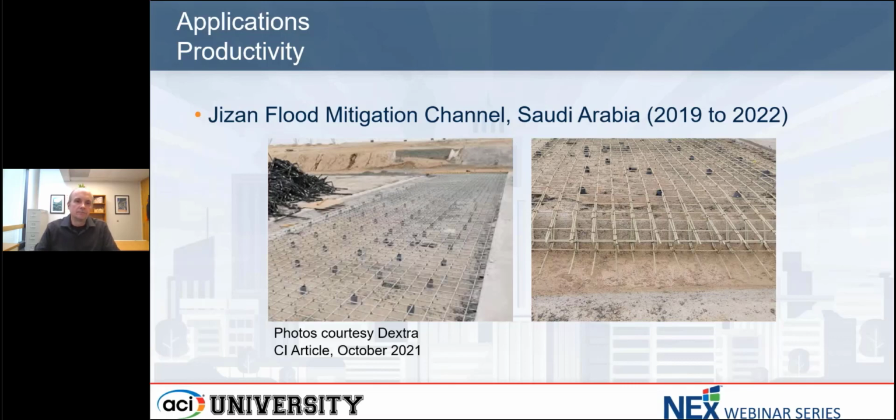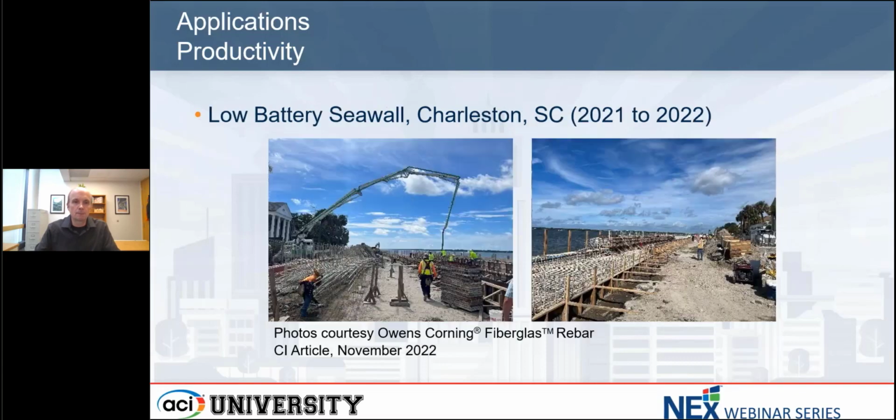And here, the non-corrosive properties of the bar were important, but at the end of the day, the cost savings involved in using FRP was really the main driver. Again, that article has a really nice breakdown of how that worked in this particular project. So again, very nice application of using FRP reinforcement.